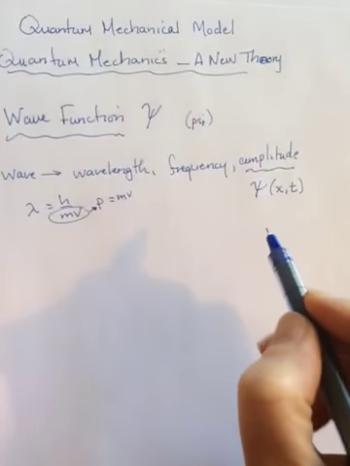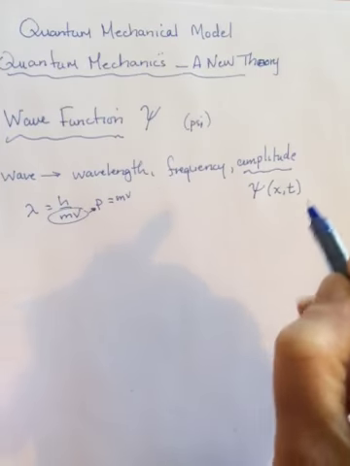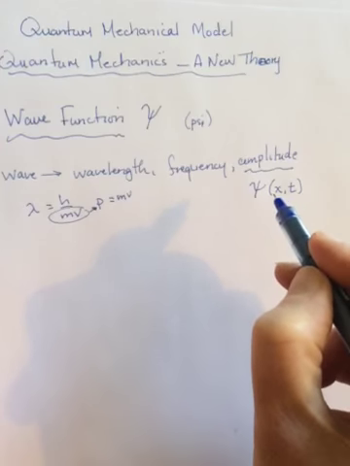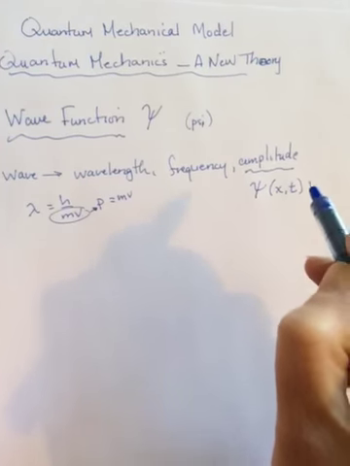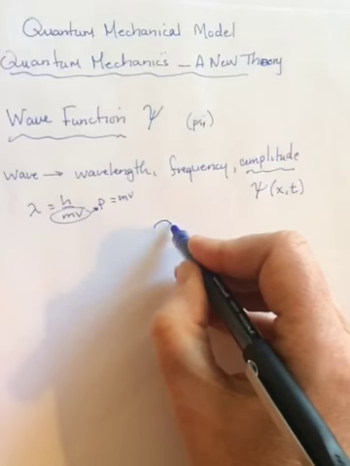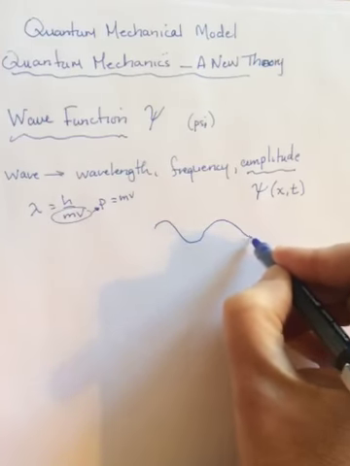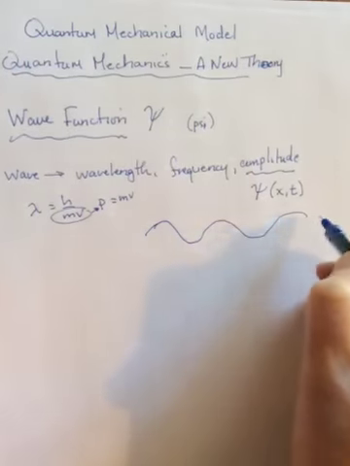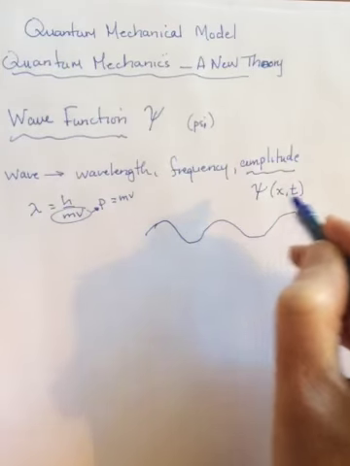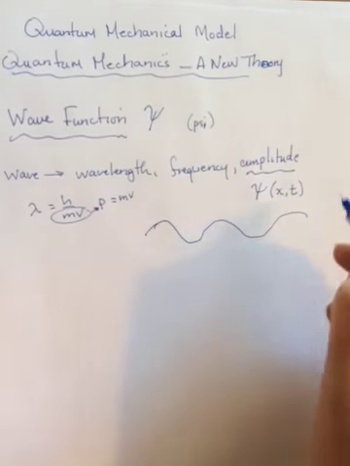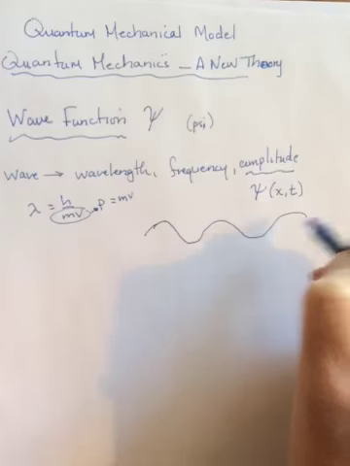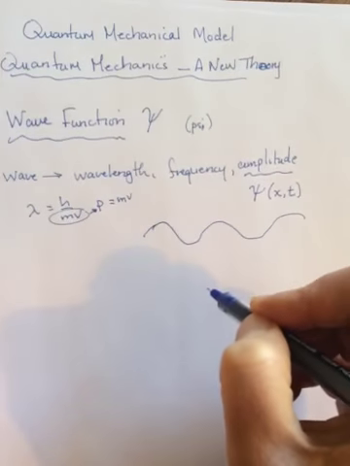It's like, where is the particle at any given moment? If you imagine, here's the wave, like the particle is moving in a wave form, where in the wave is the particle at any given moment? Because depending on where it is, that will determine its amplitude.